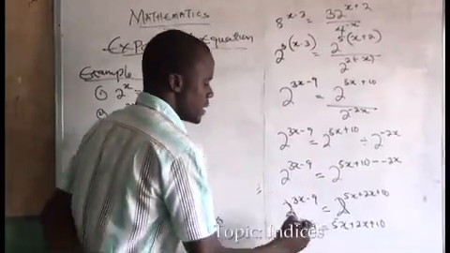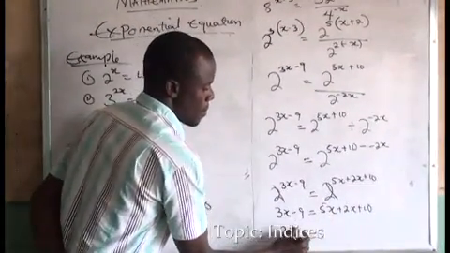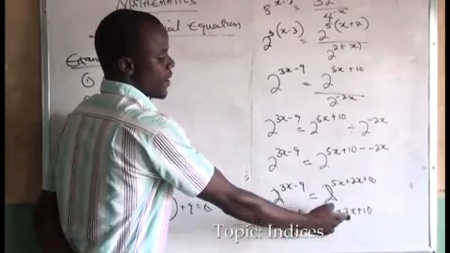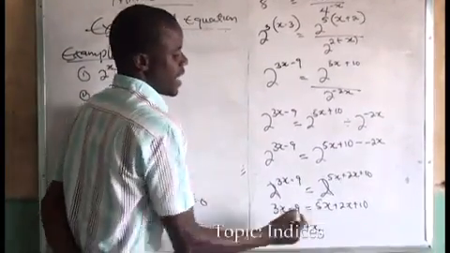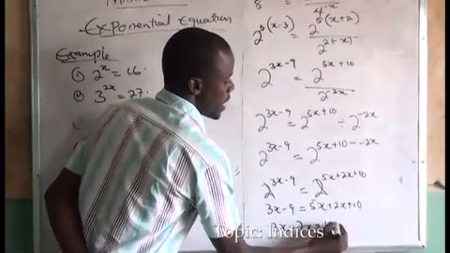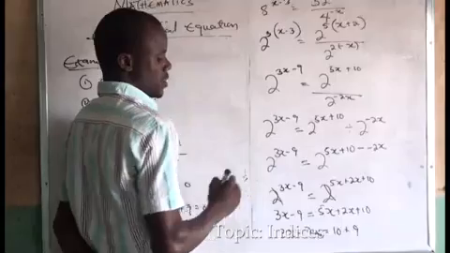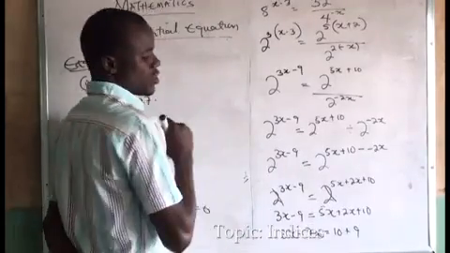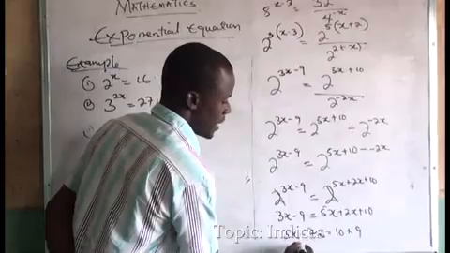So here we say 3x, then minus, here we have 5x plus 2x, that is 7x. So here we say minus 7x. This is equal to 10 plus, because here is minus 9, when we take it here it is going to be plus 9. Then 3x minus 7x, we're going to have minus 4x.